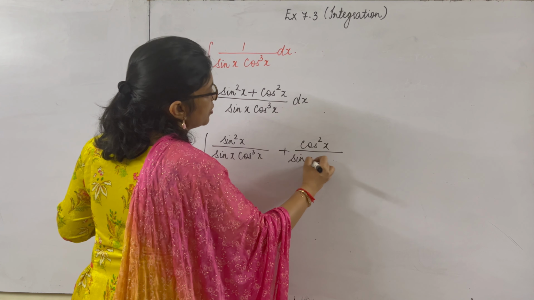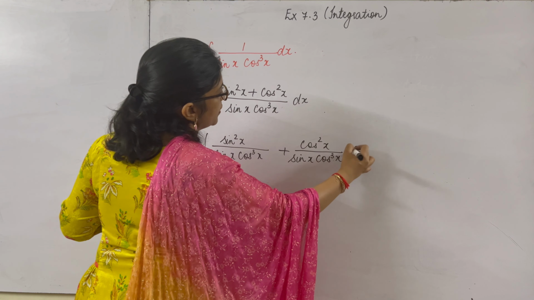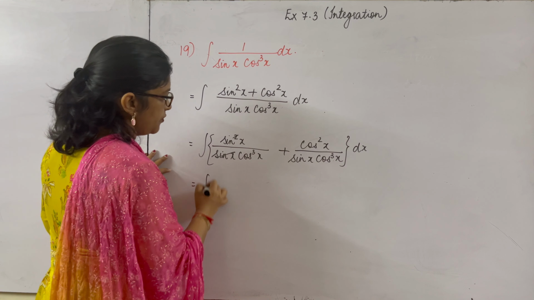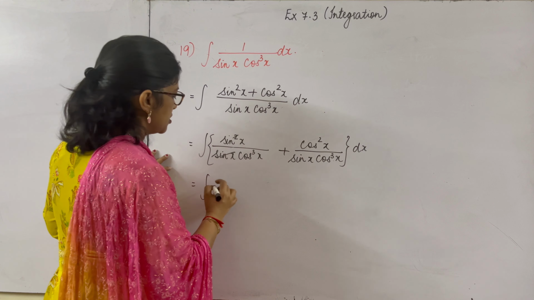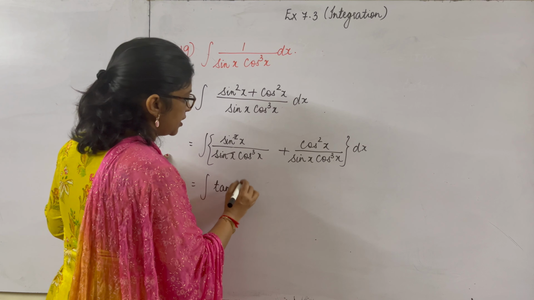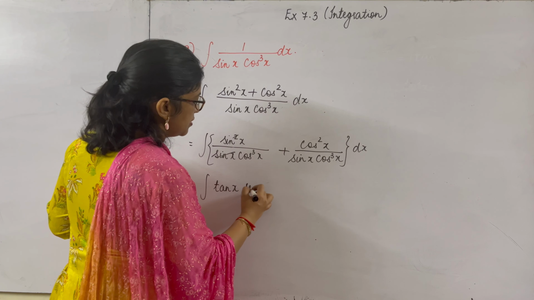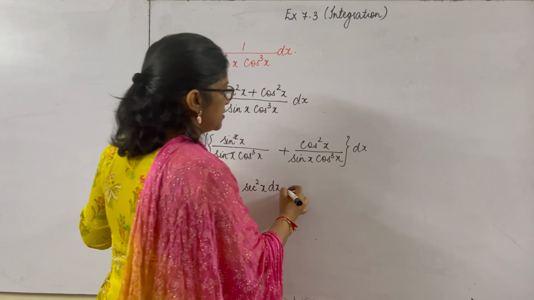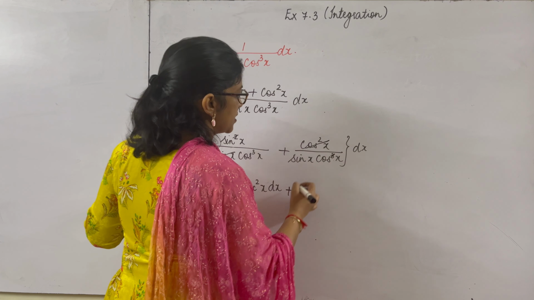On simplifying or cancelling out the terms, what do we have? We have sin by cos, which is tan, and after that also there is cos square x, where 1 upon cos square x is sec square x. Over here cos square x will get cancelled.